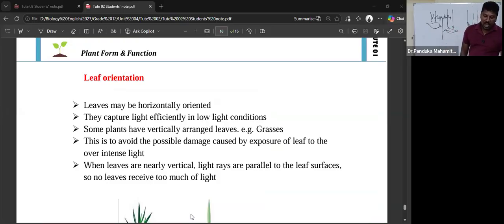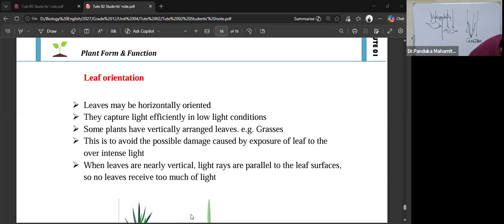This is to avoid the possible damage caused by exposure of the leaf to over-intense sunlight. When leaves are nearly vertical, the light rays are parallel to the leaf surfaces, so no leaves receive too much light, and therefore damage is much lesser.